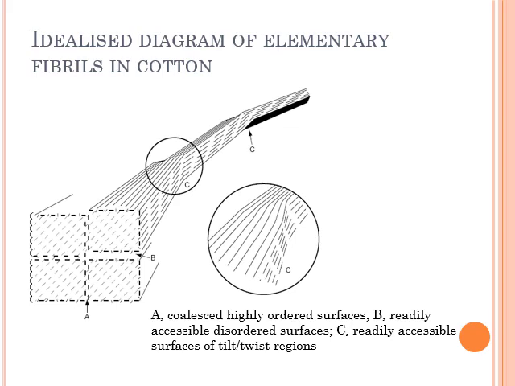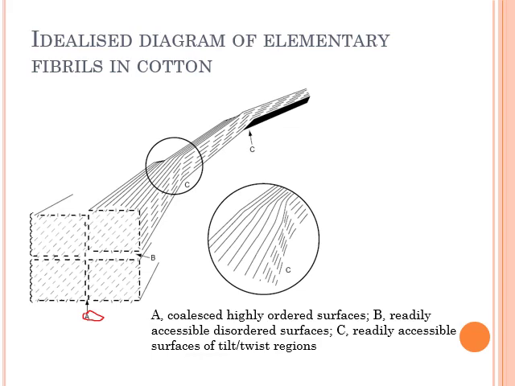Some surfaces, which are shown in the form of A, of the elementary fibrils are so close to one another that they are inaccessible to all chemical reagents unless swelling has been induced.